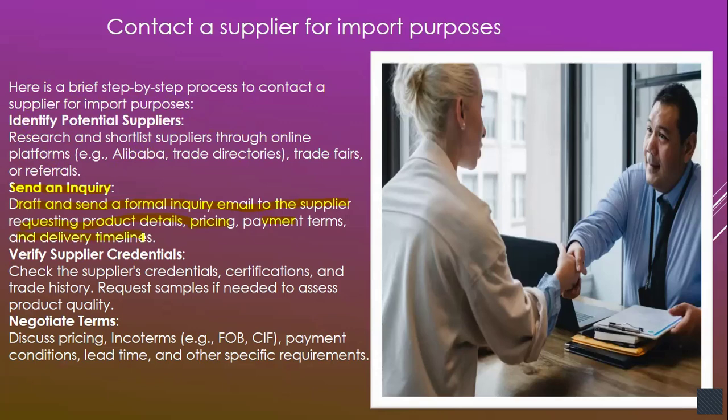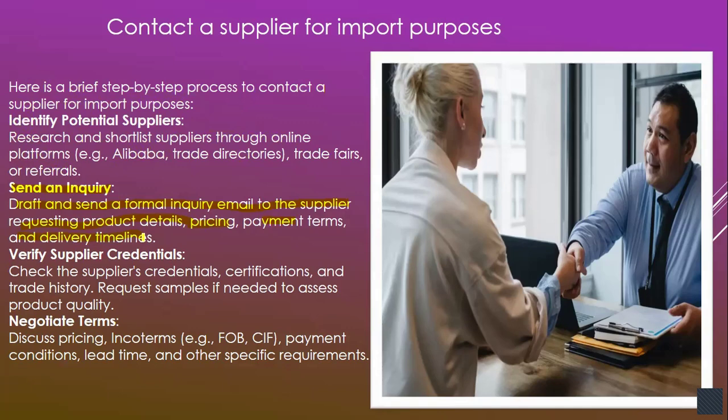Okay, so first what you will do, you just drop the email and tell the supplier that we need this raw material or these capital goods or these machinery parts. Okay, so you mention the product details along with pricing, that this is the price you want to pay.